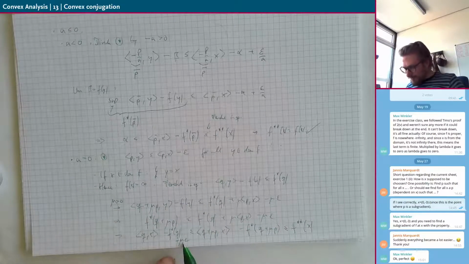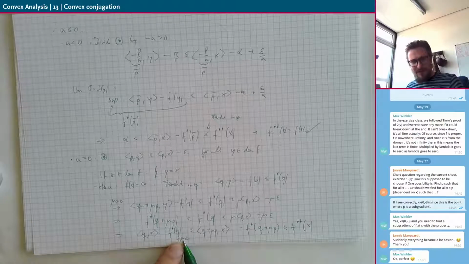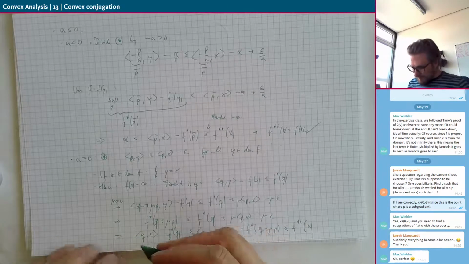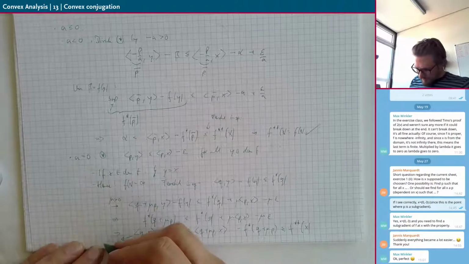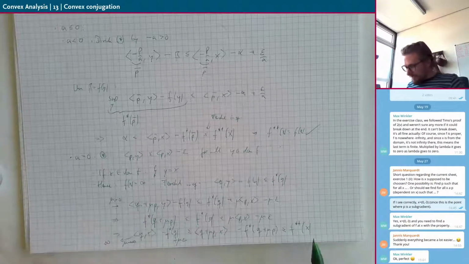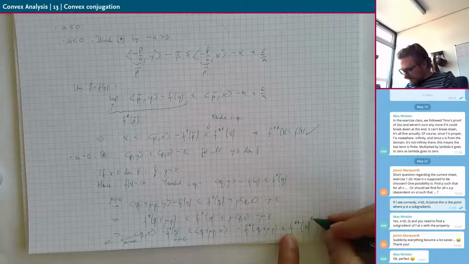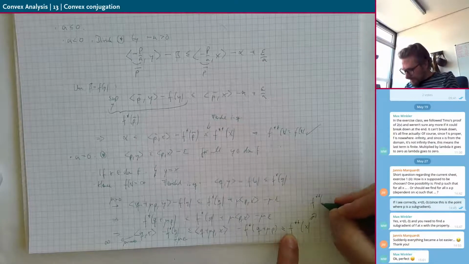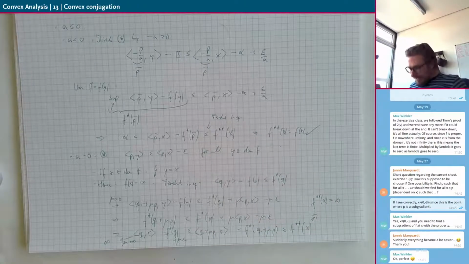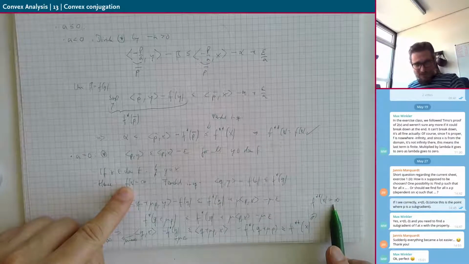And this is what we use now, because now we can make the left hand side arbitrarily large by sending mu to plus infinity. So the left-hand side goes to infinity as mu goes to infinity. And this shows us that the biconjugate of x is equal to plus infinity, and this is the same value as f of x.